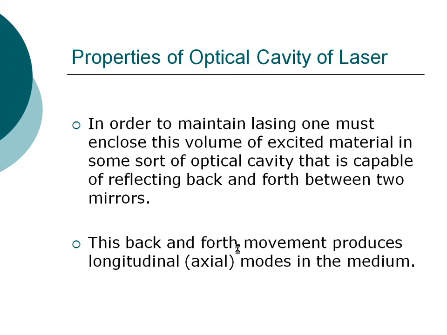So you need mirrors to reflect the radiation back and forth. So this back and forth movement of the radiation in the active material in the laser cavity produces axial modes.